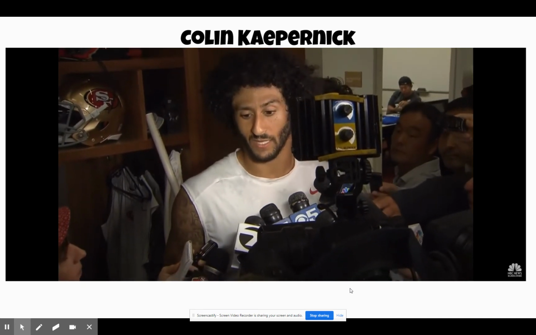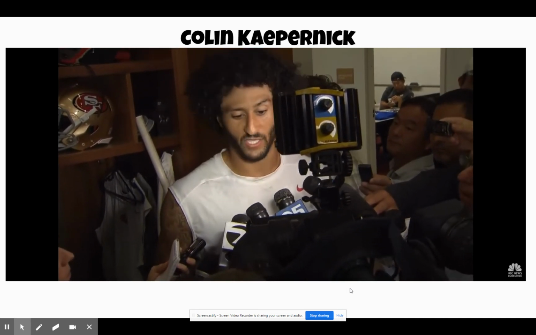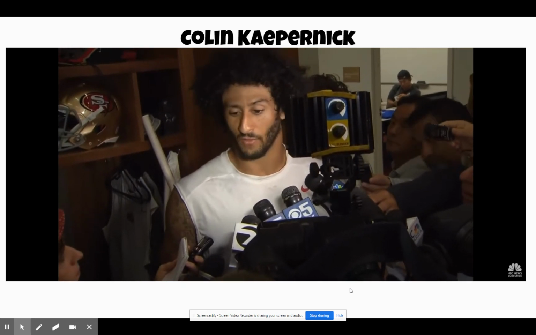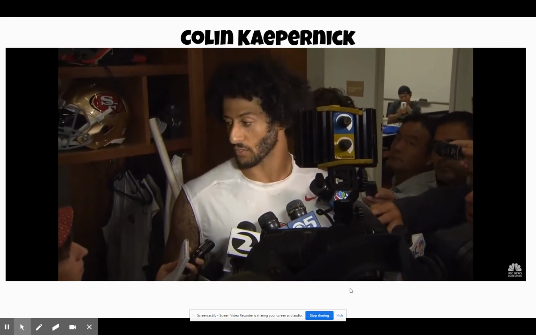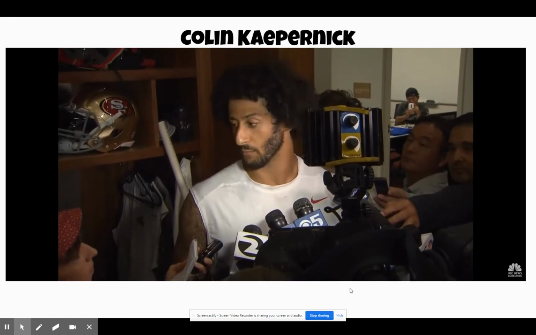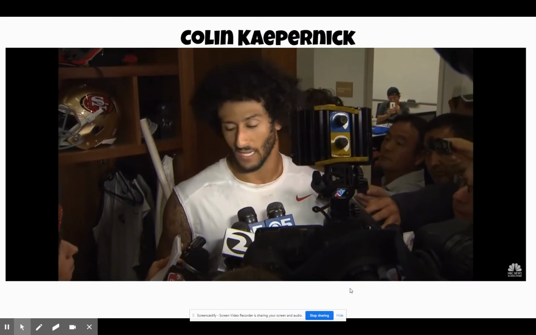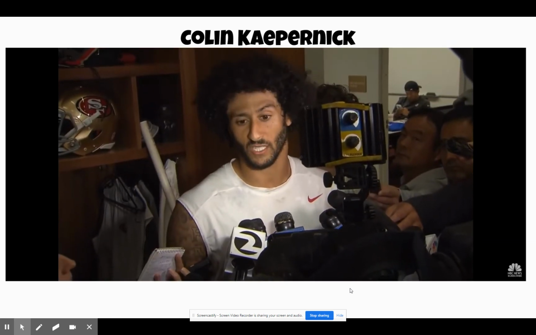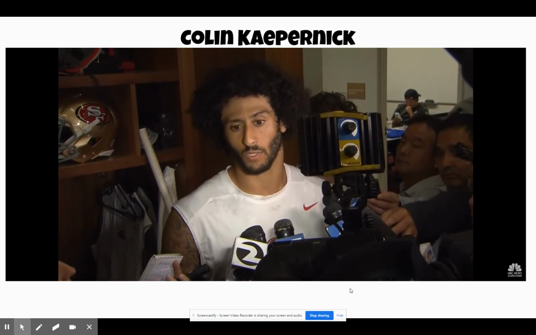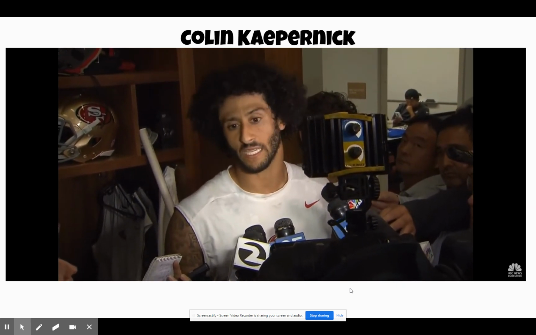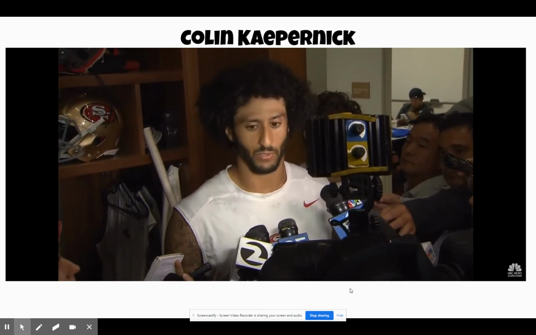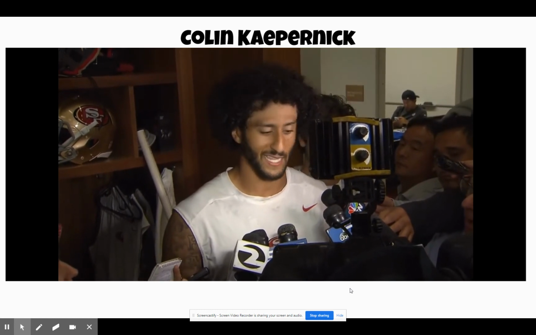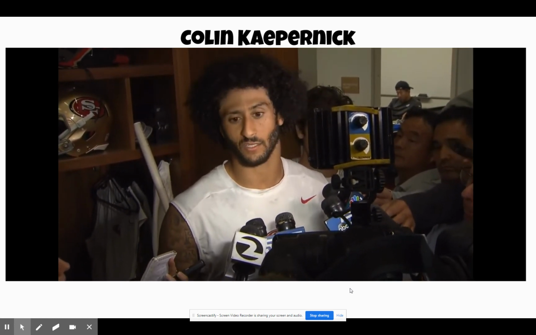To me, this is something that has to change. And when there's significant change, and I feel like that flag represents what it's supposed to represent, and this country is representing people the way that it's supposed to, I'll stand. There's people being murdered unjustly and not being held accountable. Cops are getting paid leave for killing people. That's not right. That's not right by anyone's standards.